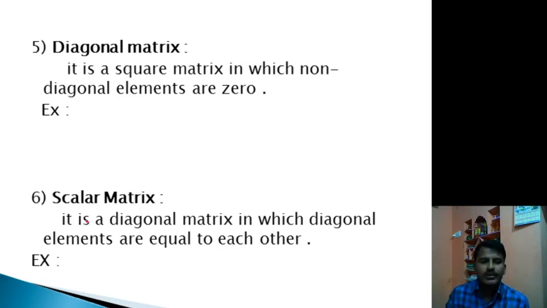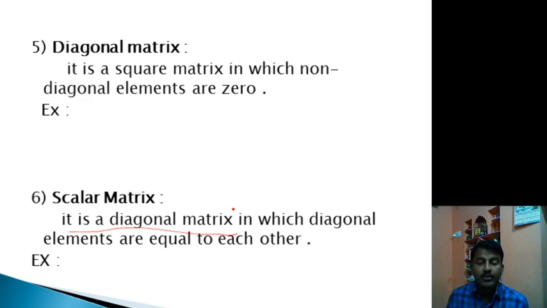Next one, scalar matrix. Now see here, it is a diagonal matrix. See the link. When we define a square matrix, it is a matrix in which number of rows and number of columns are equal.